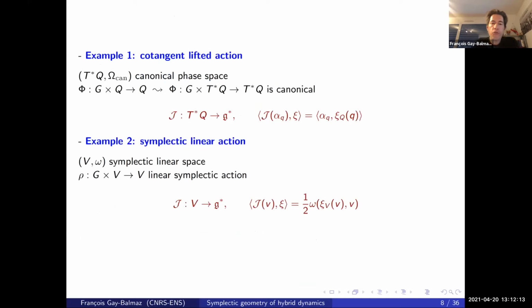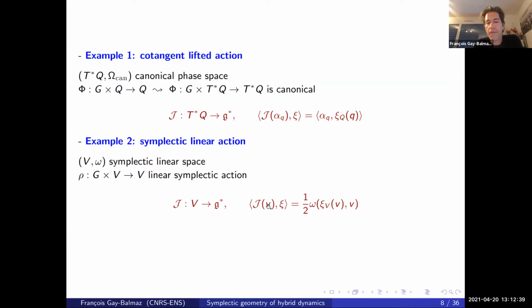So these are two baby examples of momentum maps. The first one, which I won't explain, is the case of a canonical phase space with a natural action. But the one that we'll use is the case of a linear action of a Lie group on a symplectic space. In this case, such an action always has a momentum map given by this formula.